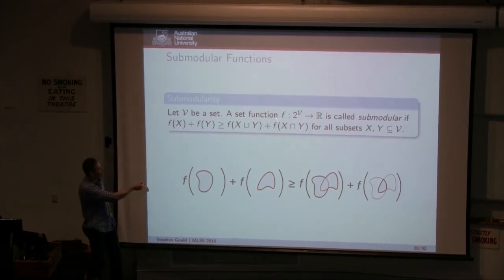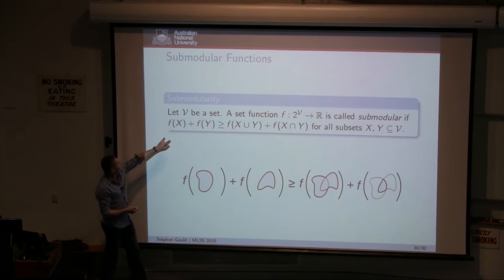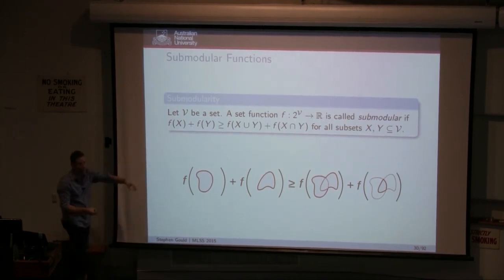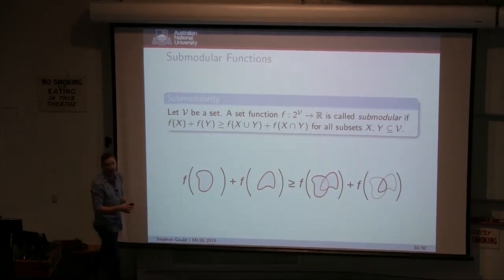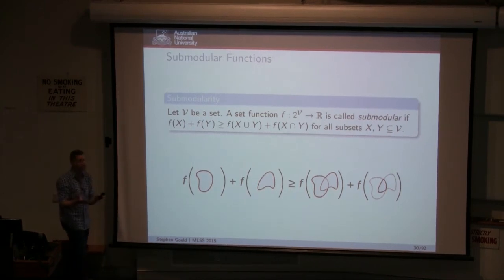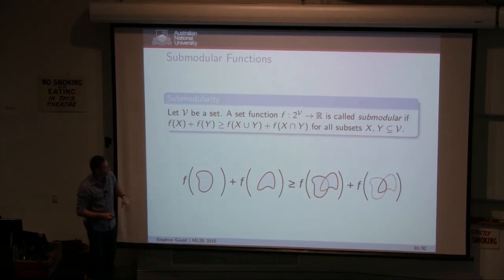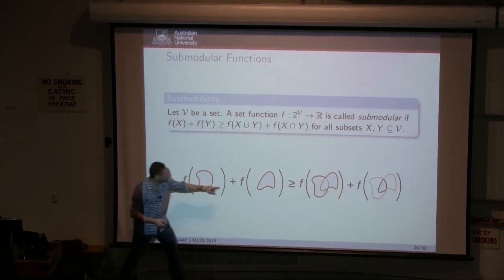A set function, which is a function from subsets to the reals, is called submodular if the sum of the evaluation of that function on two different subsets is greater than or equal to the sum of evaluating that function on the union of those subsets and the intersection of those subsets. That's more easily explained in this cartoon. So you have these two subsets.